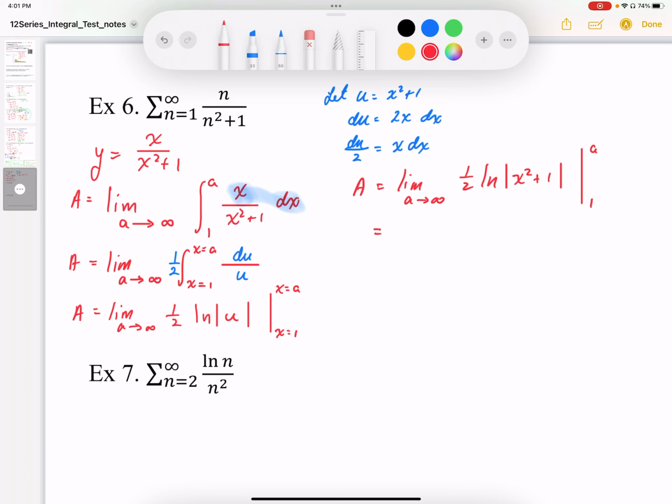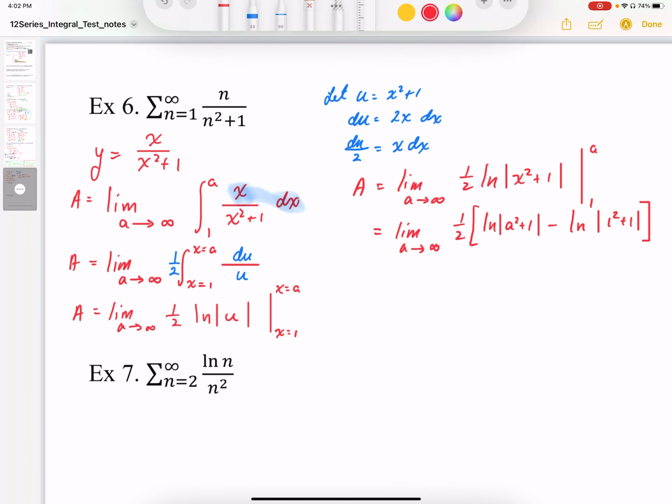Okay, so substituting in now, I'm going to end up with limit as a approaches infinity, factoring the 1/2 out, log of a squared plus 1 minus log of 1 squared plus 1.